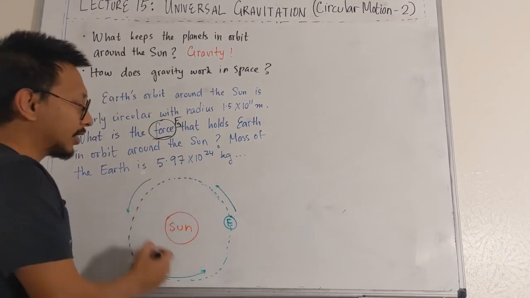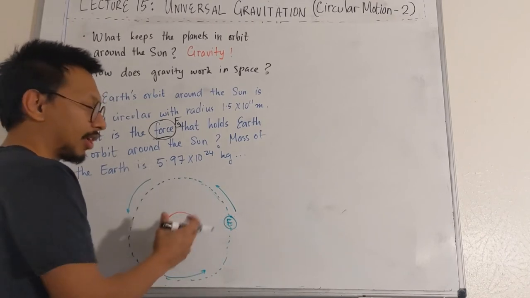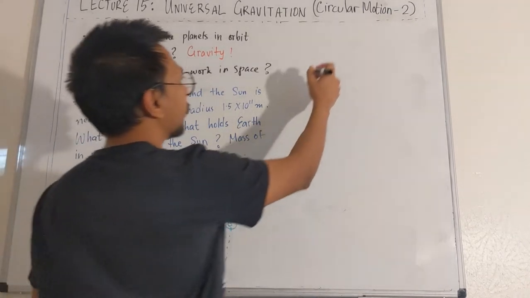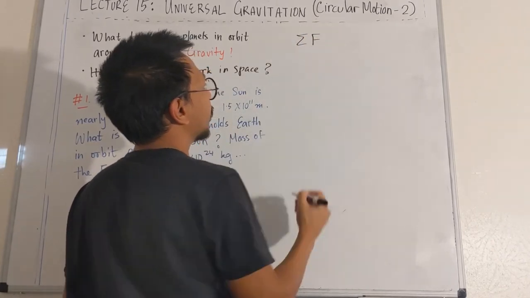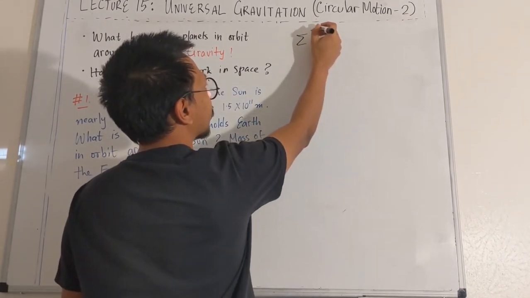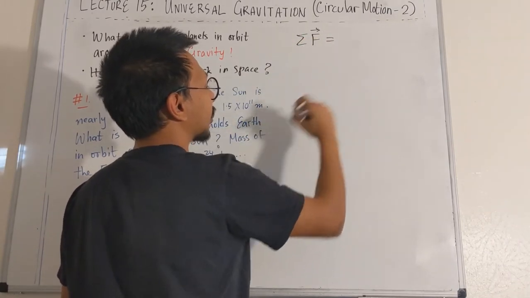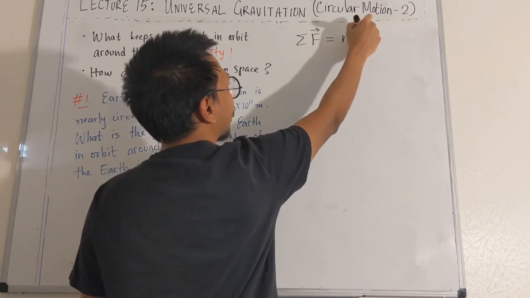Since this is a circular orbit, by now we should be realizing that we can apply our knowledge of circular motion. What do we know from circular motion? We know that for circular motion, Newton's law says that the summation of forces, or the resultant force in any specific direction, is equal to the mass of the object times the acceleration in that direction.